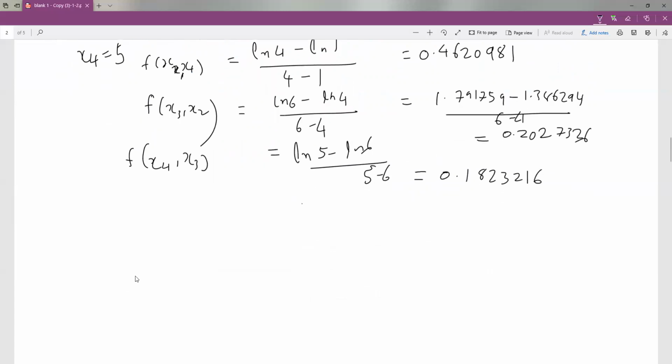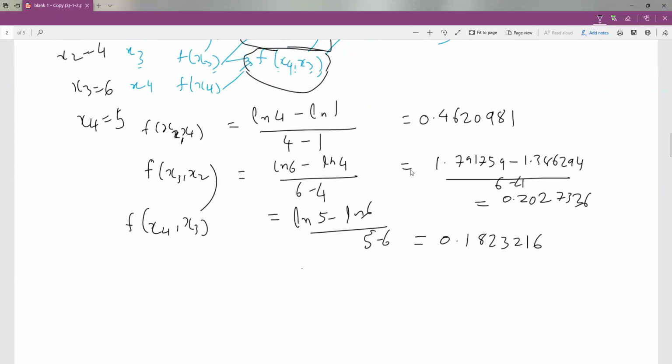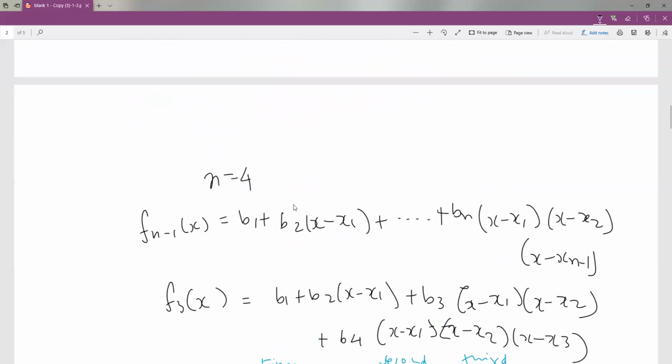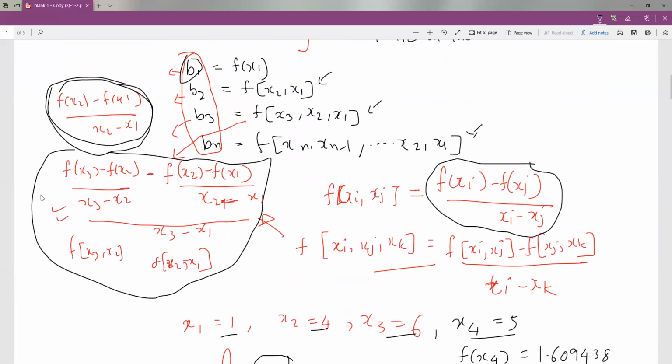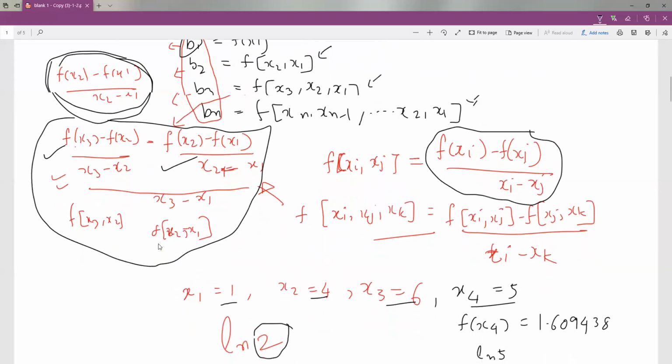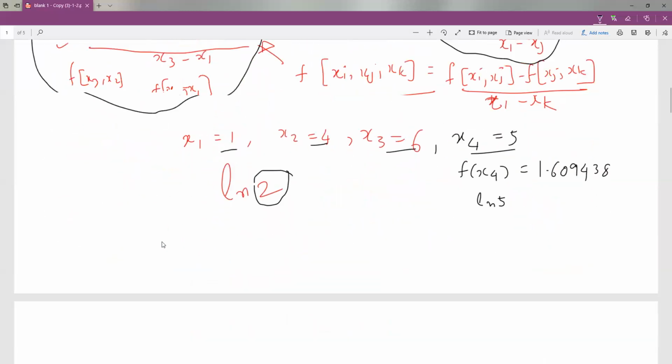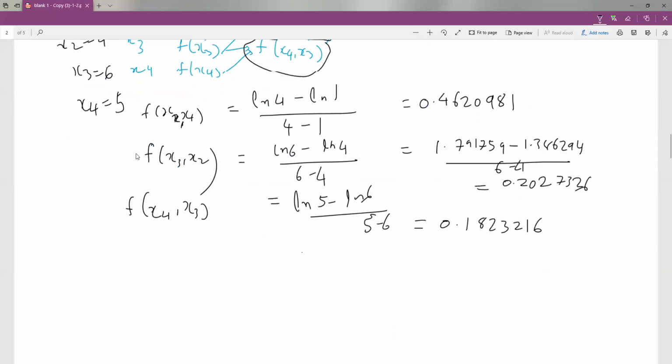Now the second divided differences. Second divided differences is similar to this, and you can see here it is using the first divided differences which we have already determined. So it is using x3, x2, then x2, x1, and so on. So we'll be using these three evaluated values for that.